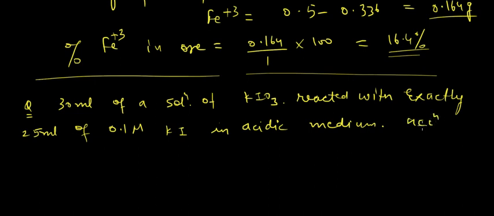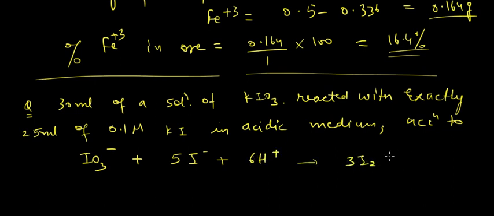According to the reaction, IO3- plus 5 moles of I- plus 6H+ gives 3I2 plus 3 moles of H2O.